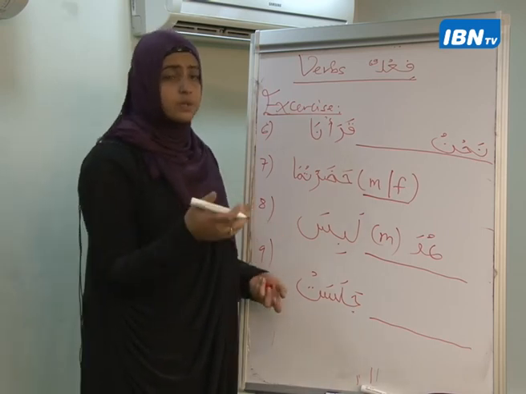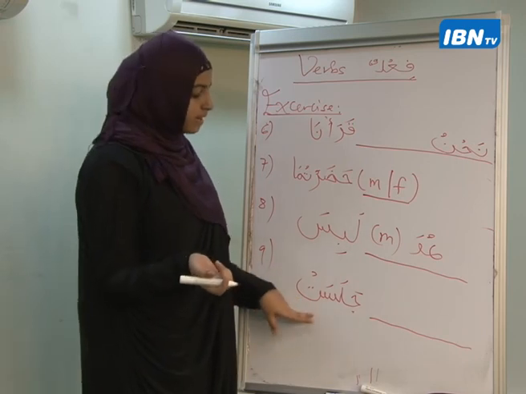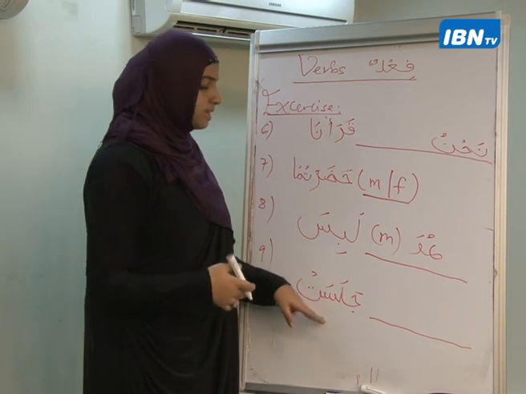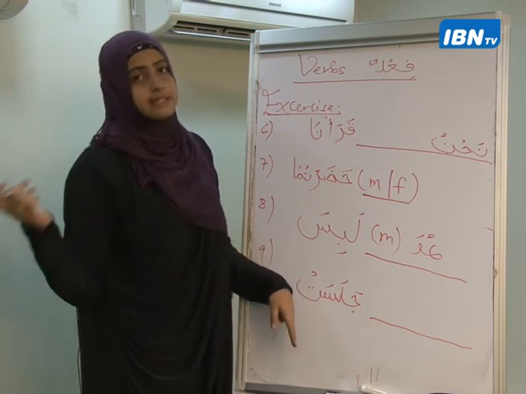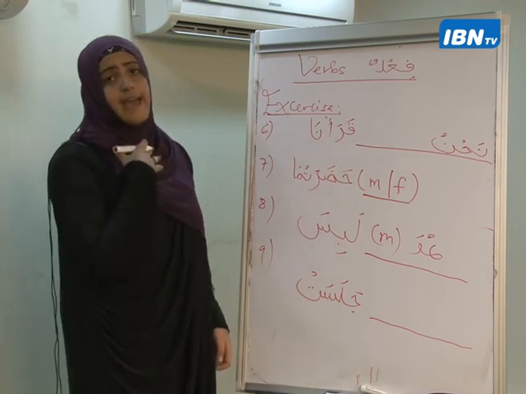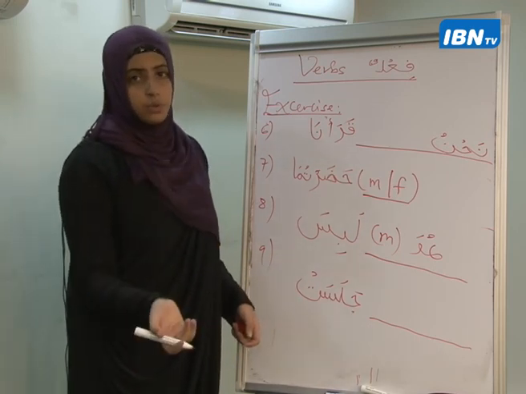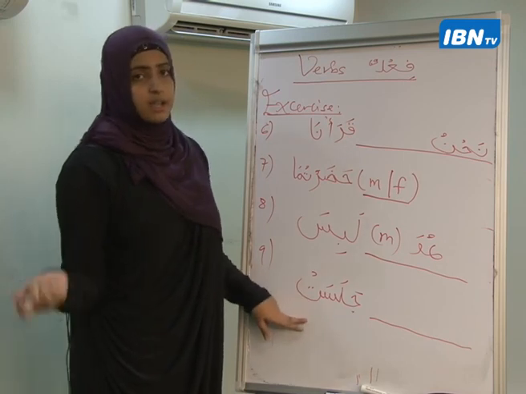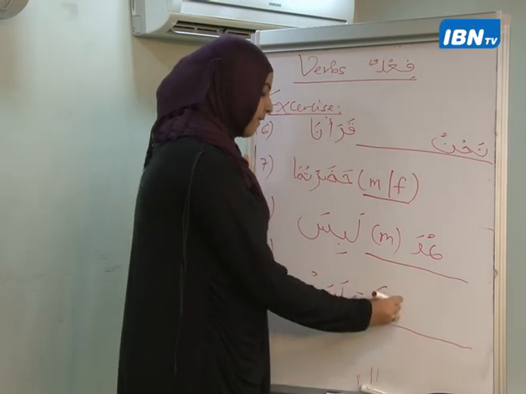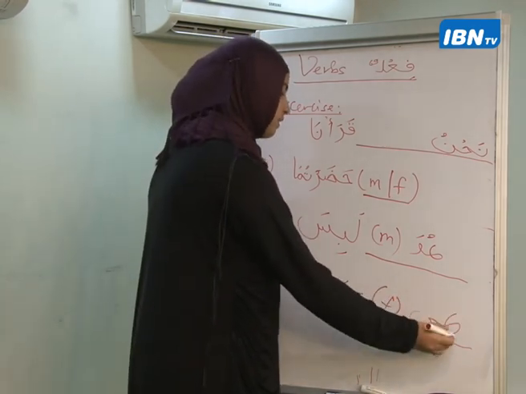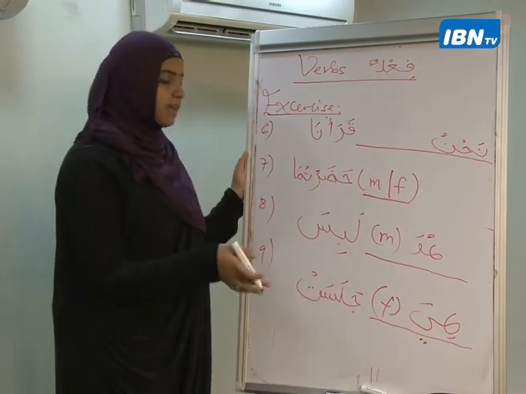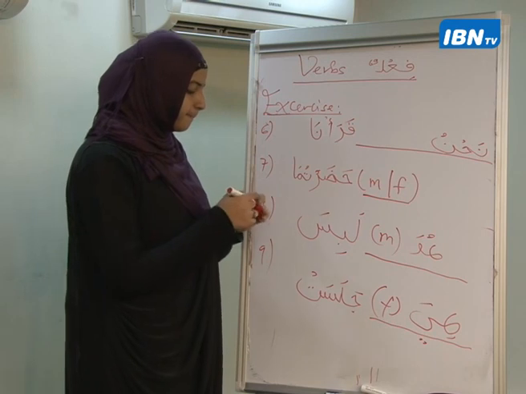So first, what's the appropriate pronoun for this verb? You can say hiya jalasat. Can I say ana jalasat? No. If I want to say I sat, it will be jalastu. So jalasat is for hiya, feminine. So I'll say hiya jalasat. I'm referring to she sat. Okay, so hiya jalasat, right?